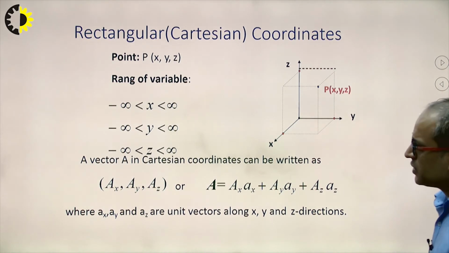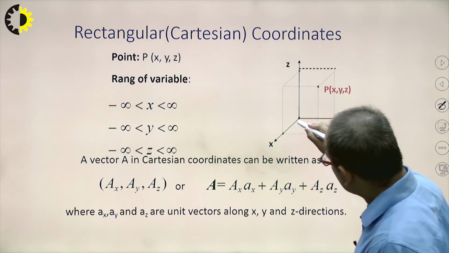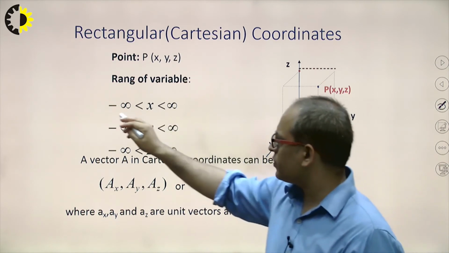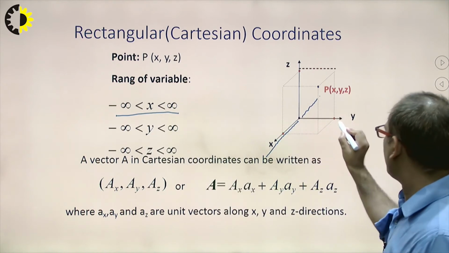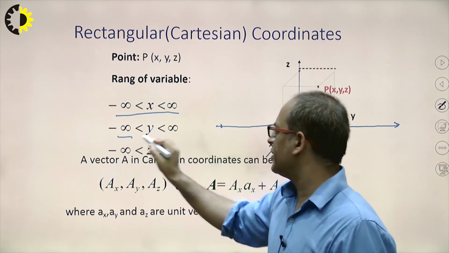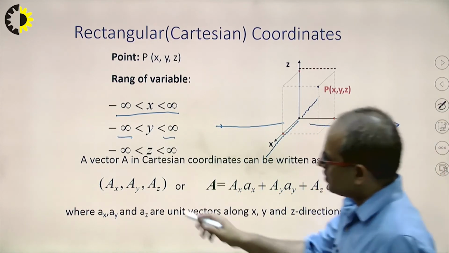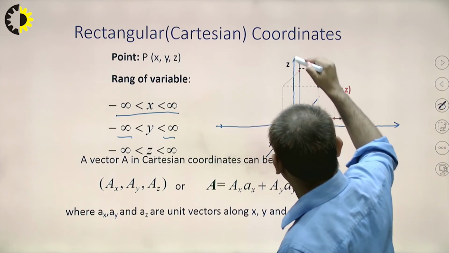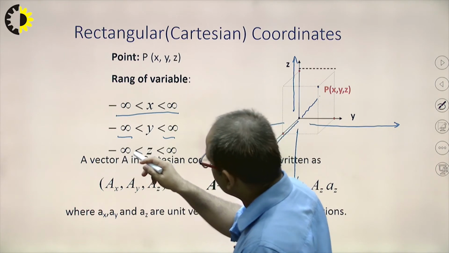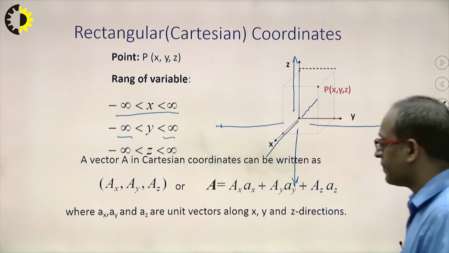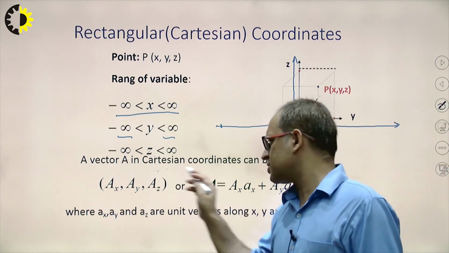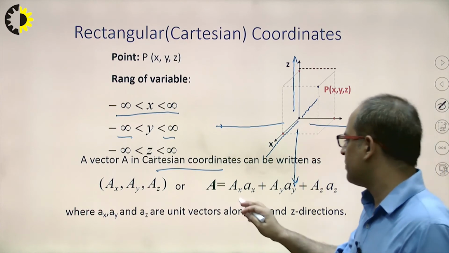Clear? Now see, the x direction ranges from what? Minus infinity to infinity. Similarly, y direction ranges from minus infinity to infinity, and z ranges from minus infinity to infinity. So if I want to represent the A vector in the Cartesian coordinate system, that means the A vector will be equal to what?